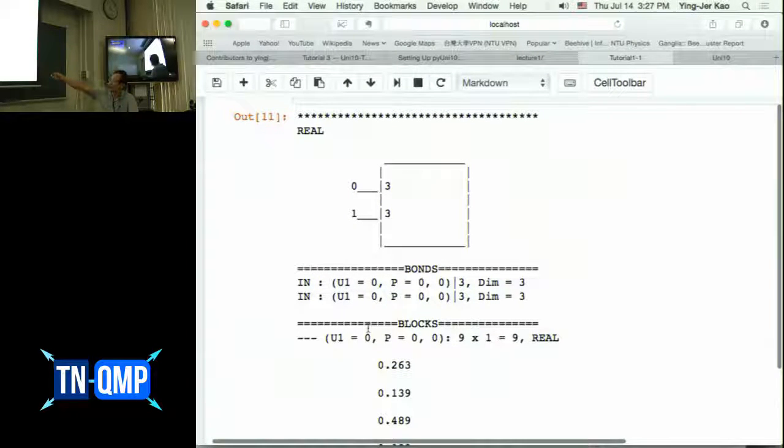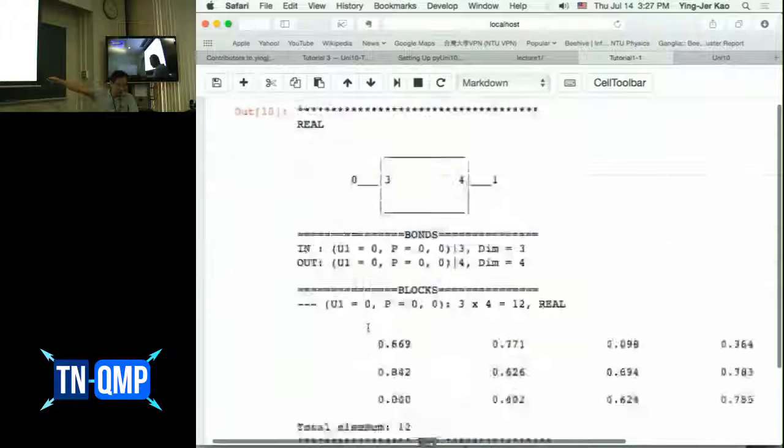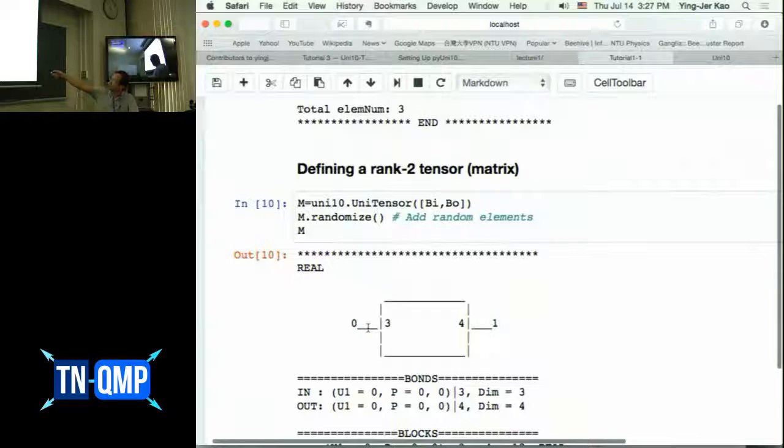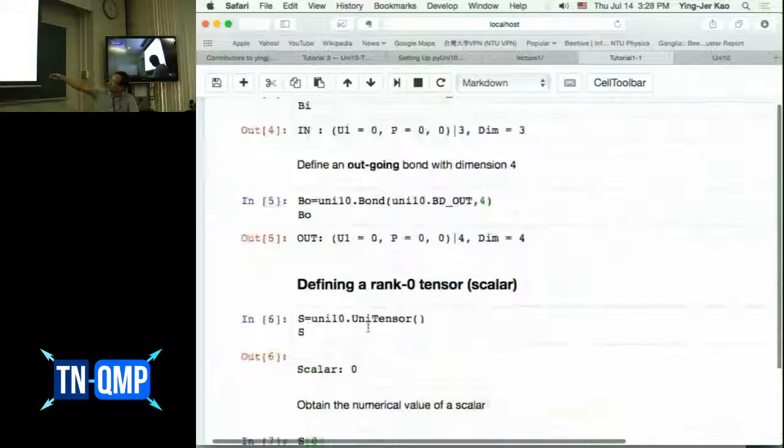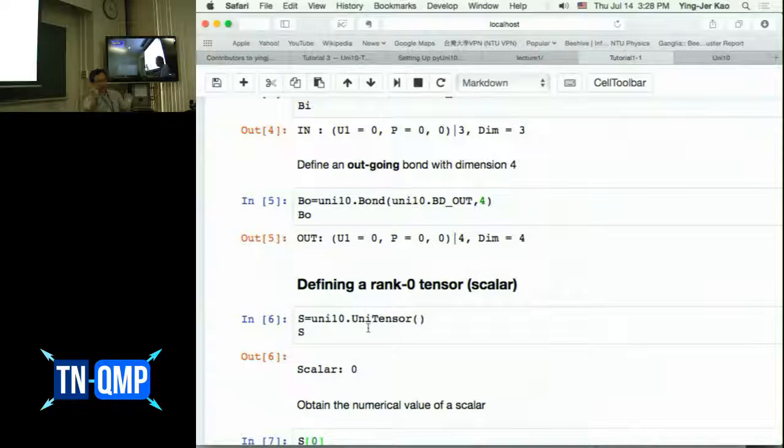You can still assign different bounds, but this block is a 9 by 1 block. So just by defining bound direction, this BO is an out bound. It's sort of like where you put your indices.